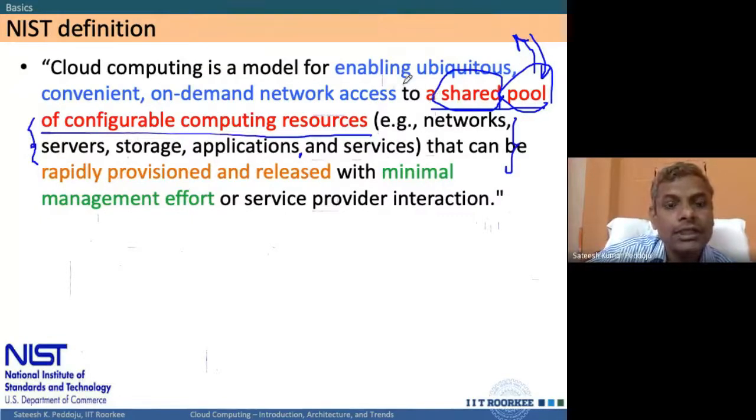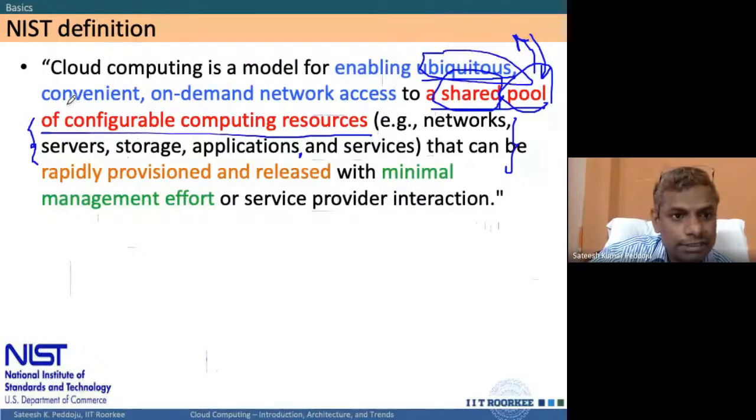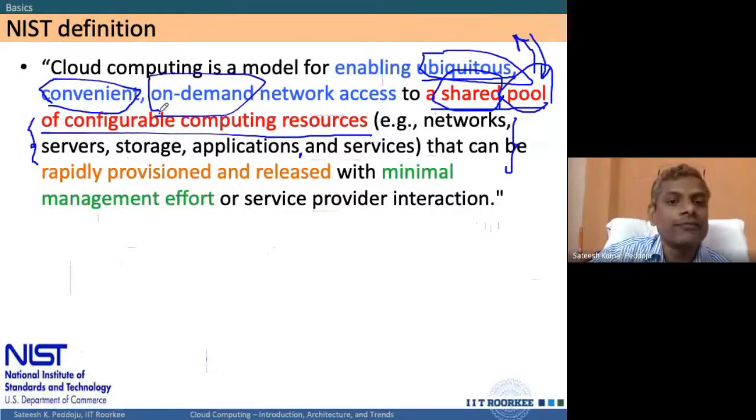And the major advantage is that access is ubiquitous. That means you can access these resources from your desktop system, server, workstation, mobile device, iPad, or notepad, whatever it is. This is the any-device paradigm. And it is convenient and on demand, whenever and wherever you want.